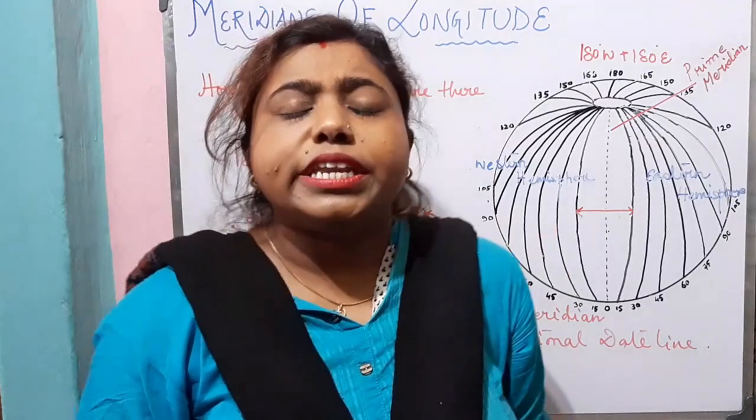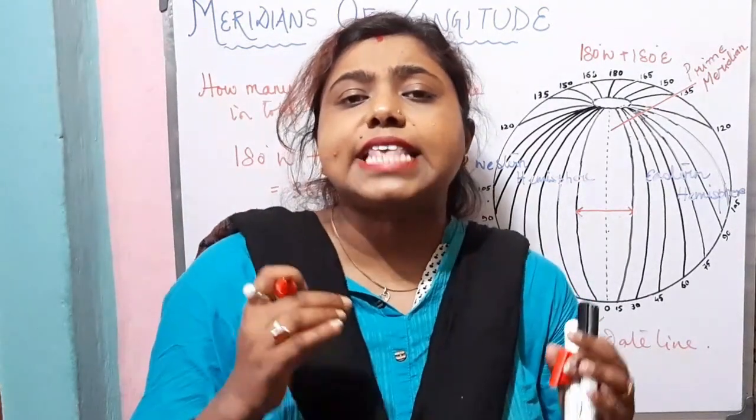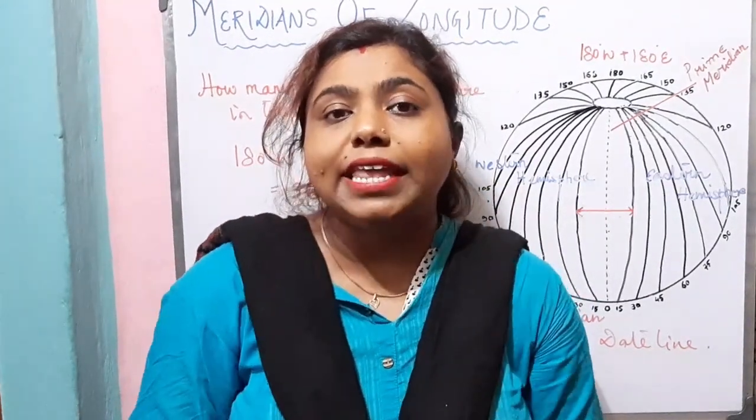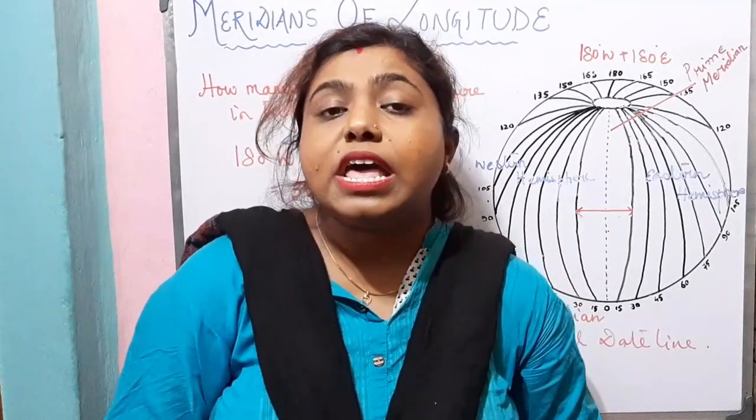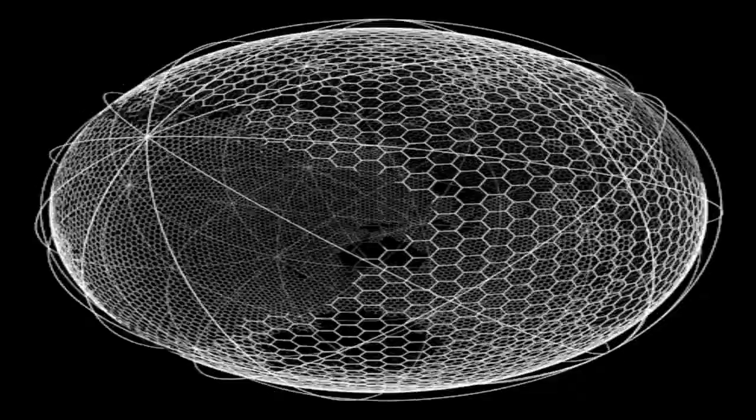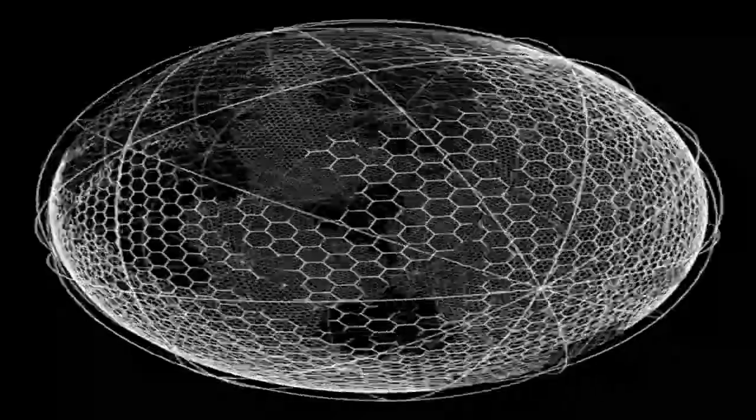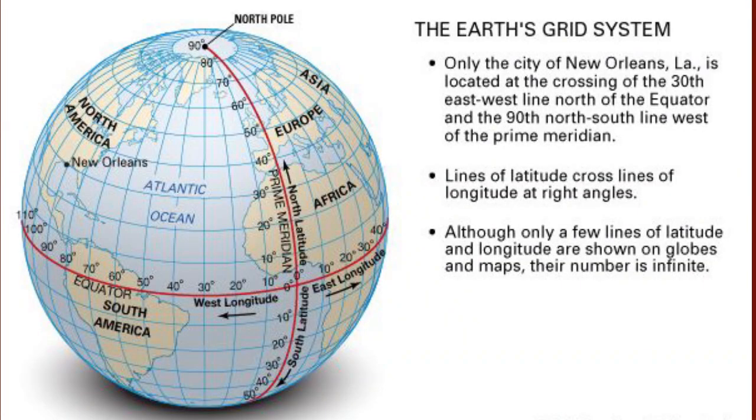Now let us know that how can we find the exact location of any place. So let us know about the grid. If we want to know about the importance of latitude and longitude, we need to know about the grid. Latitudes and longitudes cut each other at right angles, making a crisscross grid on the globe.